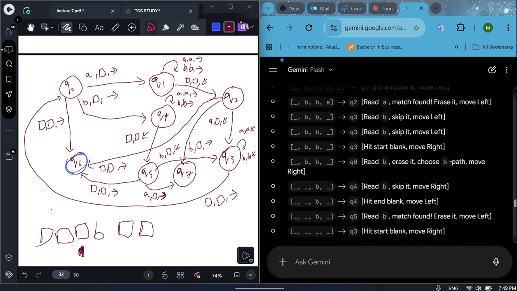And in Q4, what happens is that it reads a B, skip it, move right. And in Q4, the moment you hit the blank, go one step left, and go to Q5. Like over here, and now we are in Q5 state.